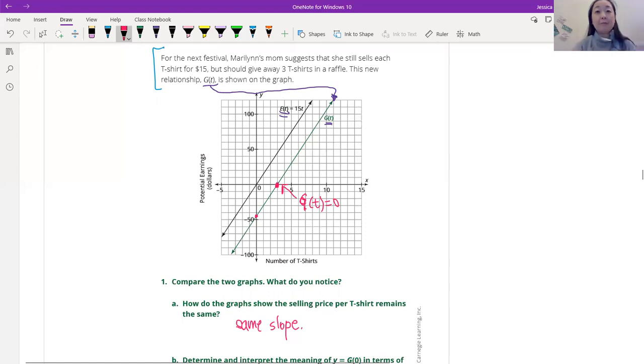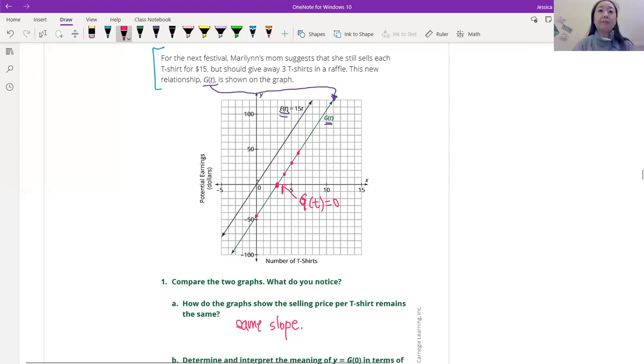It keeps going up $15 for every 1 shirt we sell. We start here, go up 15, and we land on the line again for every 1 shirt we sell. Another $15, another 1 shirt, another $15.